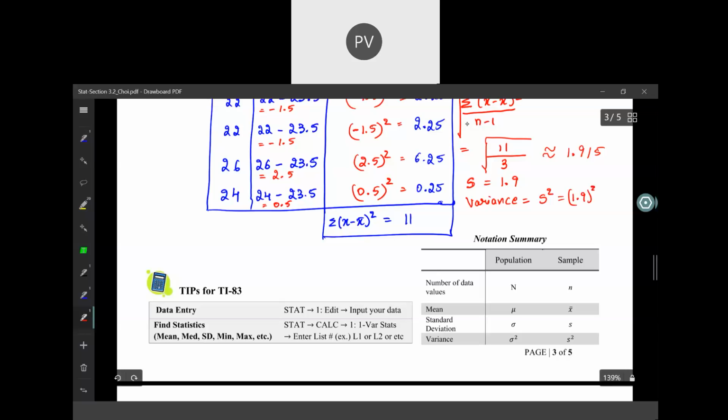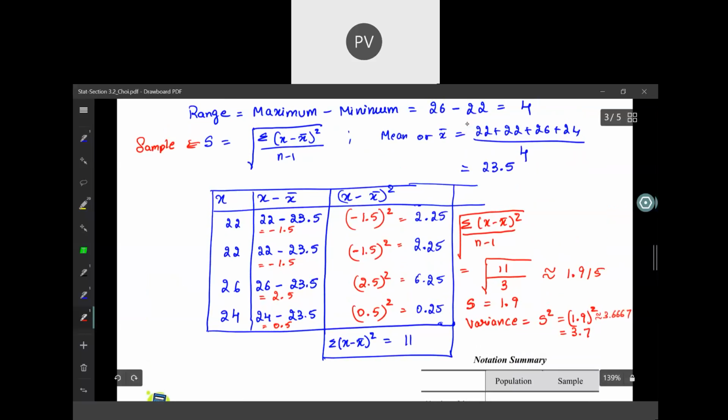The whole square will be equal to 3.7. Approximately it will be equal to 3.6667. So you can write it as 3.7. Do not round it off, but you must have a 1 decimal place. So that's how you compute the standard deviation and variance.